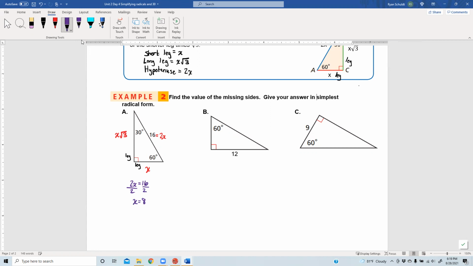That means x square roots of 3 equals 8 square roots of 3. We got our answer. Once we figure out x, we can just plug in x everywhere. So this side is 8 square roots of 3. This side is 8.